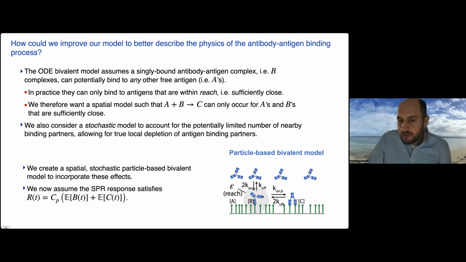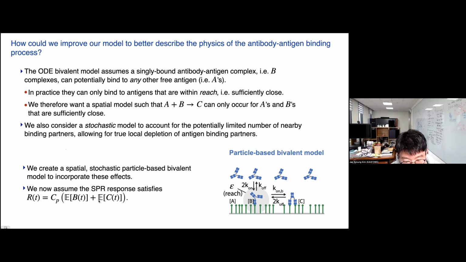So there'll be some probability per time that a singly bound antibody can bind a nearby antigen if they're within epsilon, K on B being that probability per time. And what we'll assume in terms of relating the model to the experiments is that the SPR experiment response is proportional to the average number of antibodies bound on the surface across our stochastic simulations.